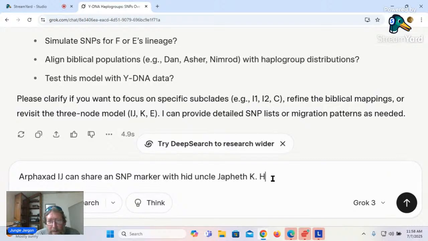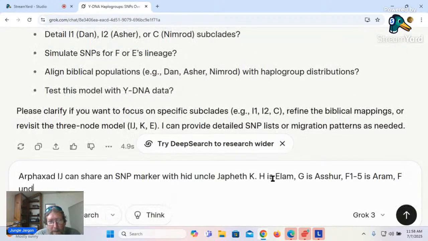H is Elam, G is Asher, F1 to 5, which he understands, is Aram, F undefined is Lud.